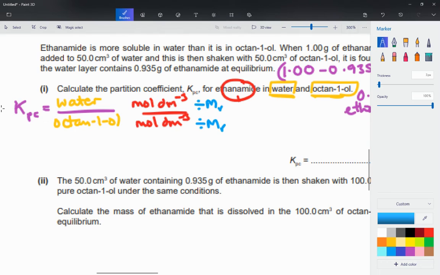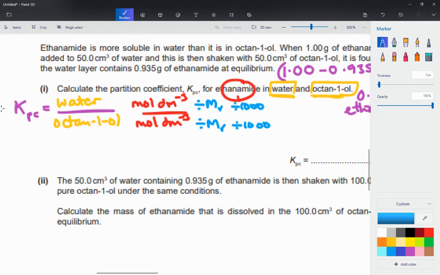The other thing is you might be thinking, I've got a figure in centimeters cubed, and I've always learned in GCSE that I divide it by 1,000 to convert it to decimeters cubed. Now, what do you notice about what you're doing to the top number and what you're doing to the bottom number?